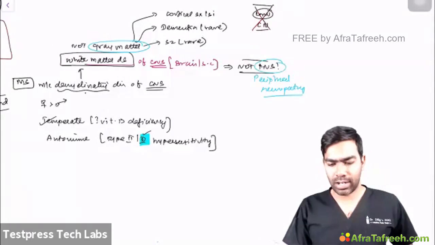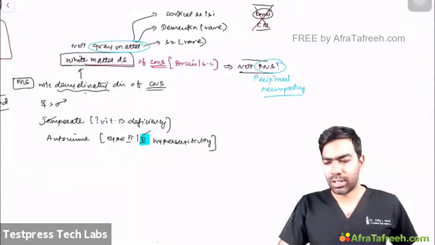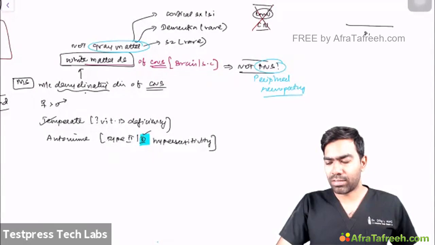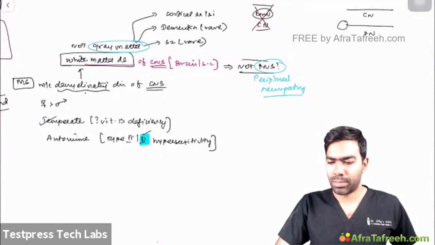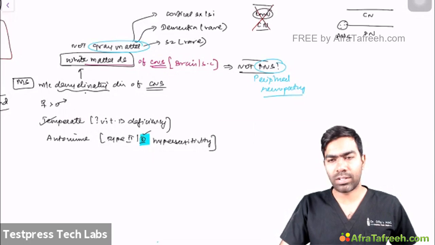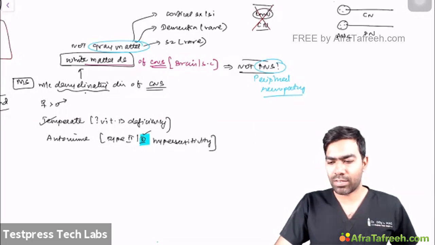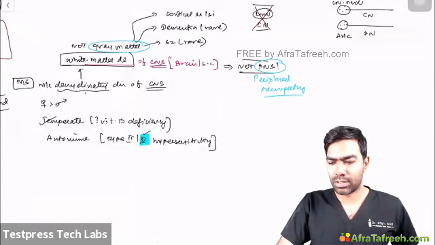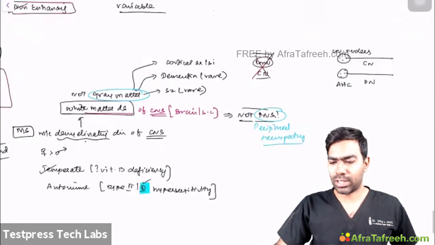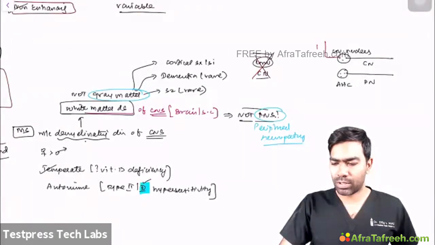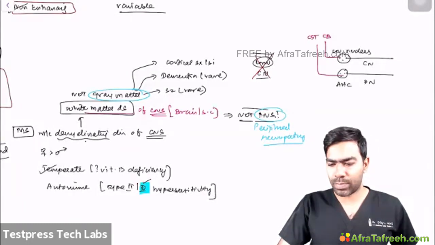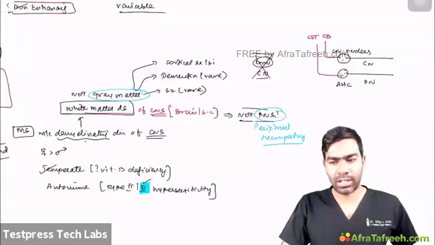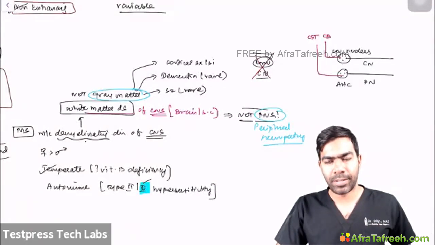Usually you don't get cranial nerve involvement in MS, because if you take a peripheral nerve and a cranial nerve, both are the same. Peripheral nerves originate from anterior horn cells. Cranial nerves originate from cranial nerve nuclei. For both, you need a UMN. This UMN is the corticobulbar tract, and this UMN is the corticospinal tract. But nevertheless, both are going to originate from the cells of the brain only.